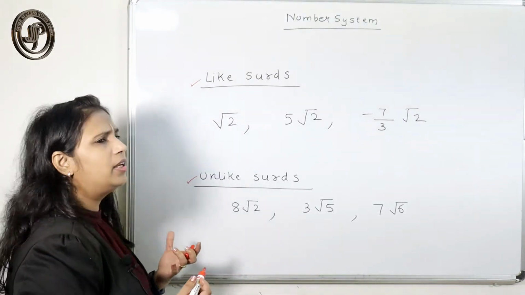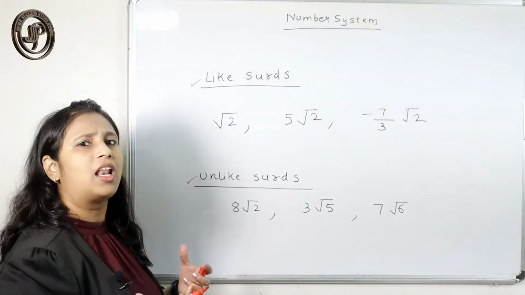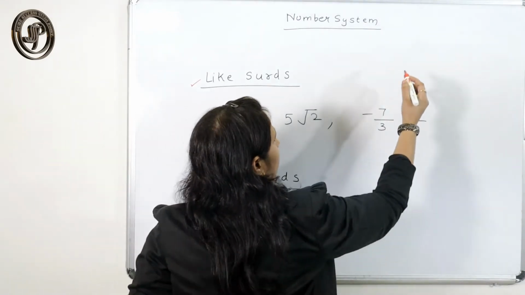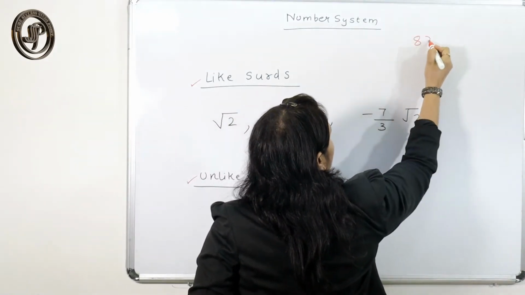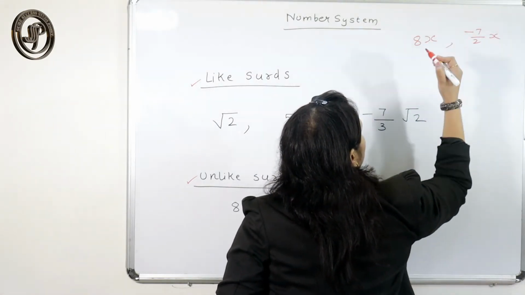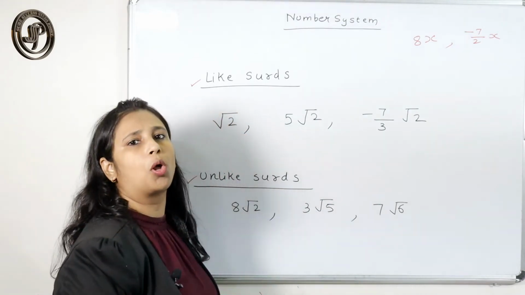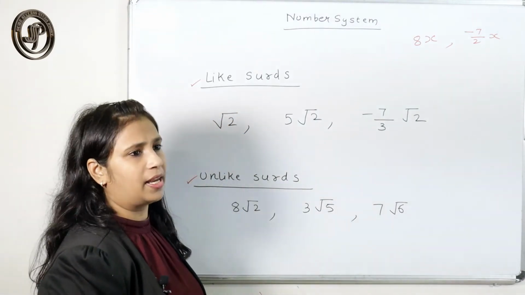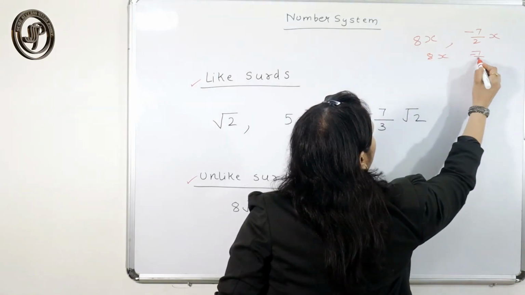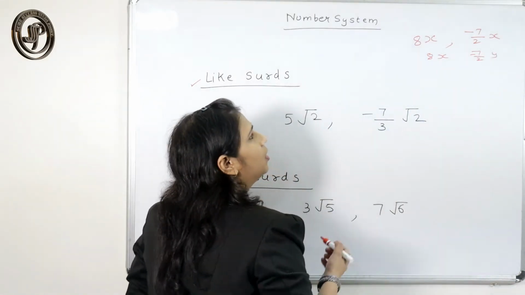You did in your previous classes like terms and unlike terms. Like if I just tell you 8x and minus 7 by 2x, these are like terms. But if I say 8x and minus 7 by 2y, these are unlike terms.